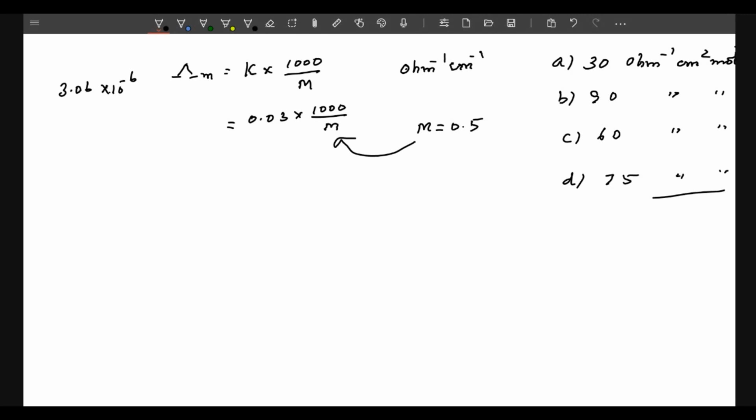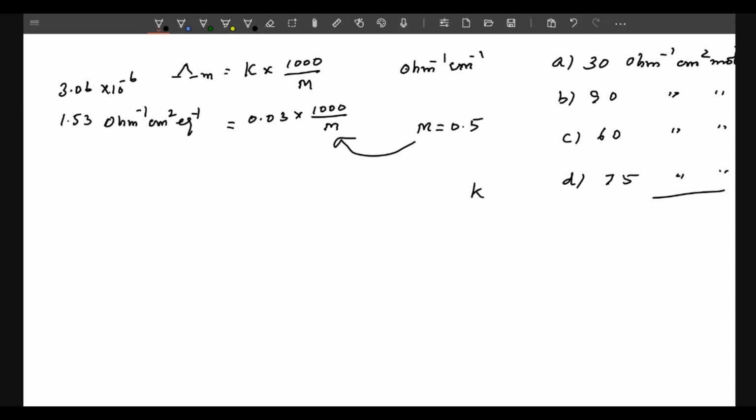And its equivalent conductance is 1.53 per ohm centimeter square per equivalent.